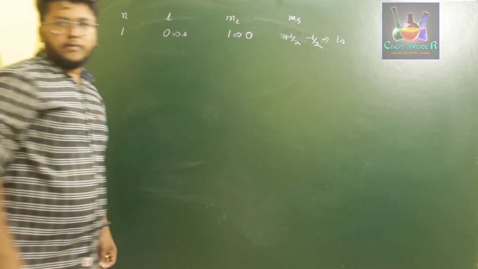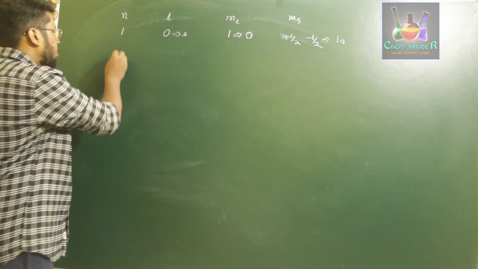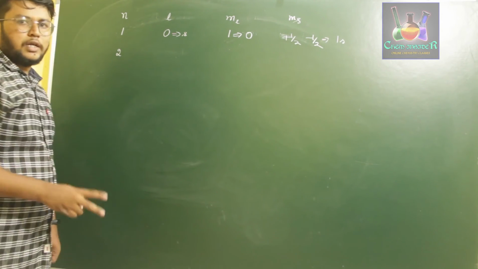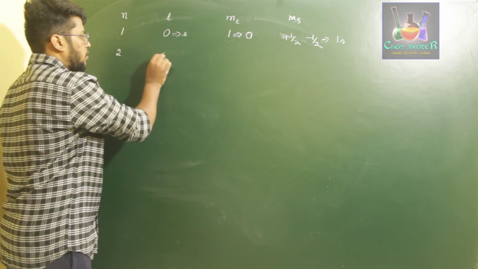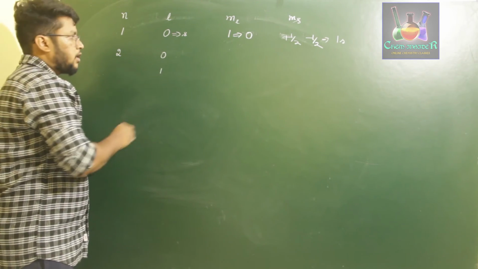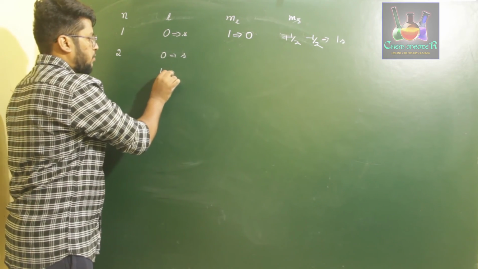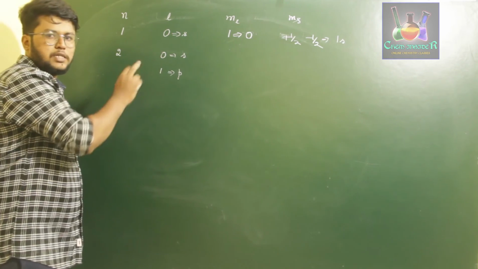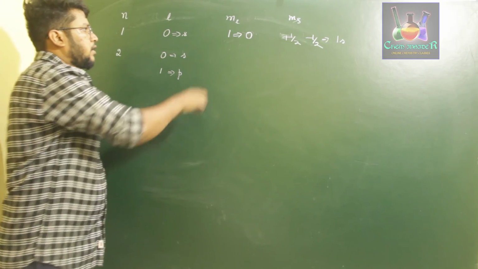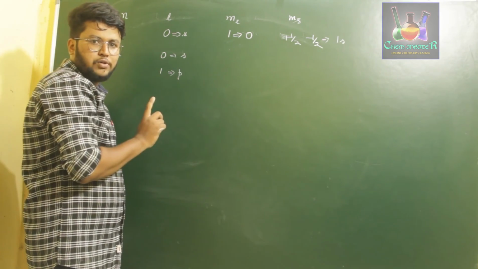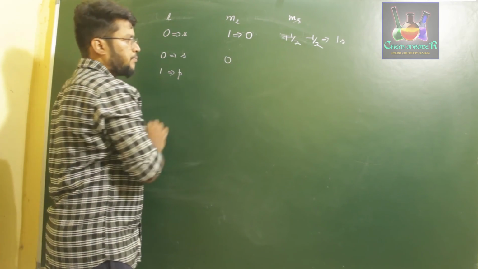Next, if you consider n is equal to 2, l can have two values, 0 and 1. If it is 0, that means s orbital. If it is 1, it is the p subshell. The value of ml for l equal to 0 is one value, which is 0.